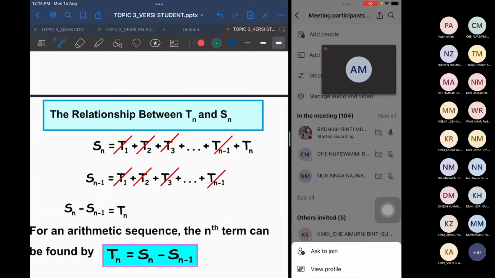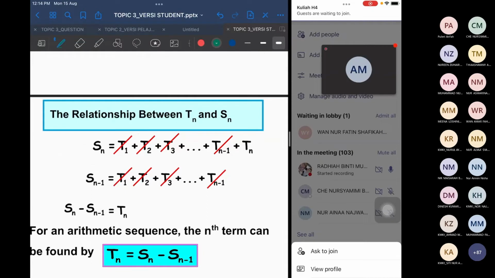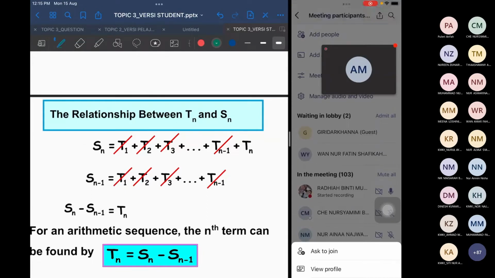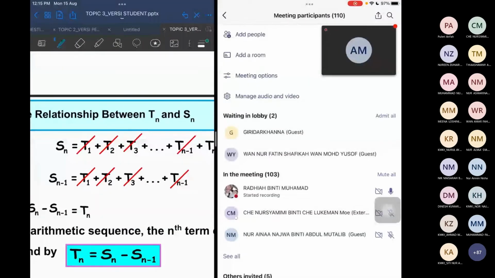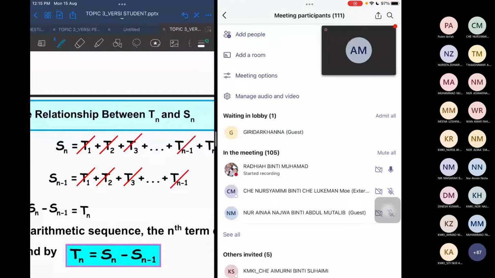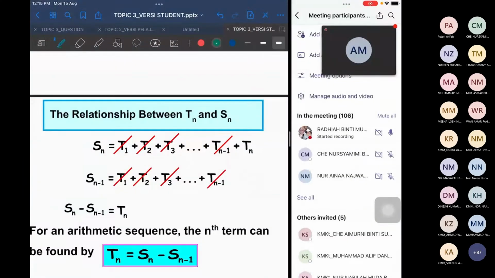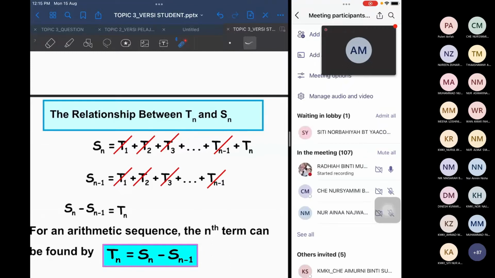Okay, so kalau you punya Sn minus 1, dia adalah term 1 plus term 2 plus T3 plus bla bla bla until Tn minus 1.